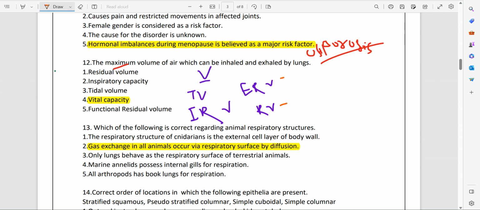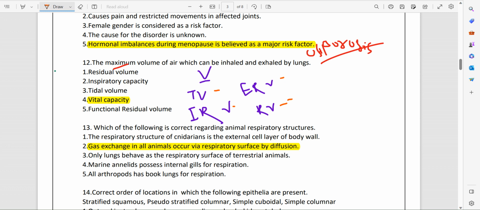So IRV means extra. Tidal volume plus, forcefully we breathe extra air into our lungs. ERV means, other than the tidal volume, we forcefully expire, forcefully exhale the air present. And residual volume means whatever we do, there's an amount of air present in our lungs that will not come out.